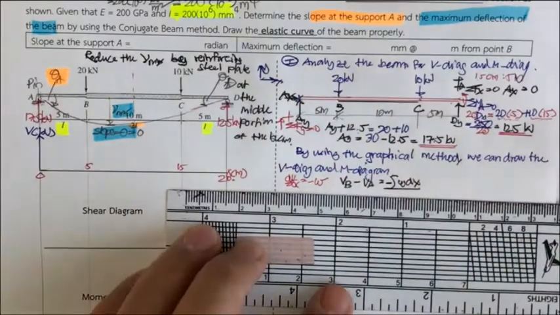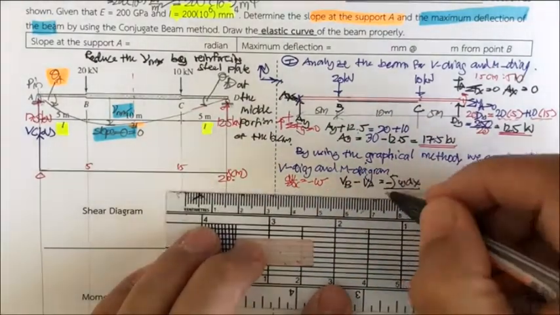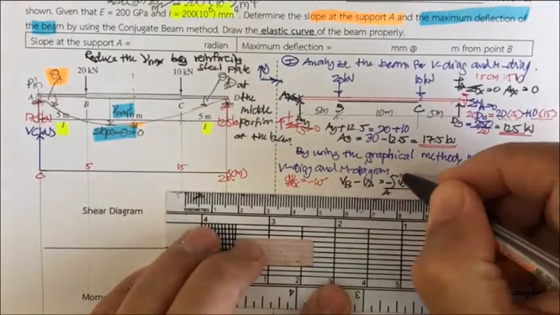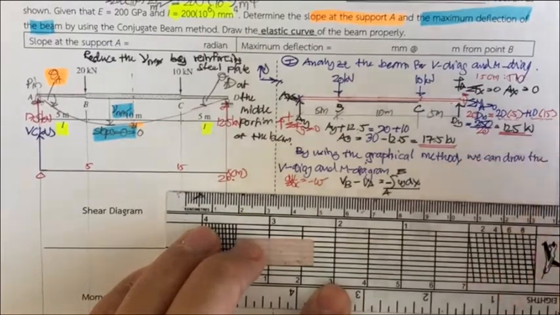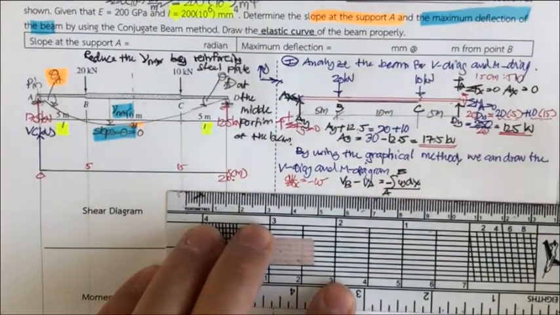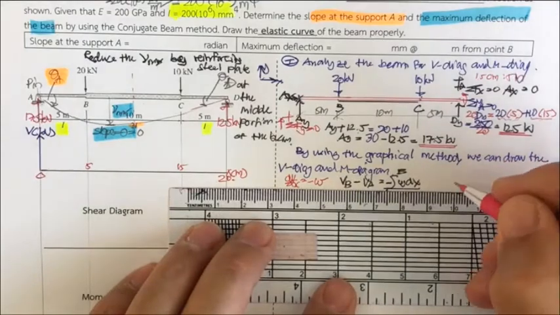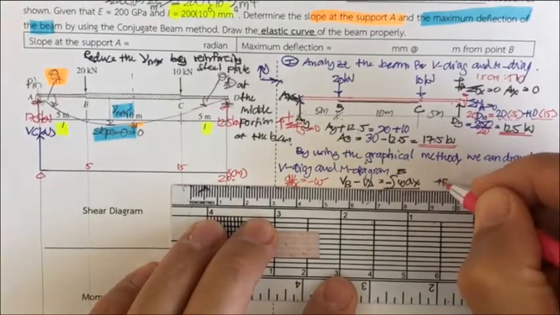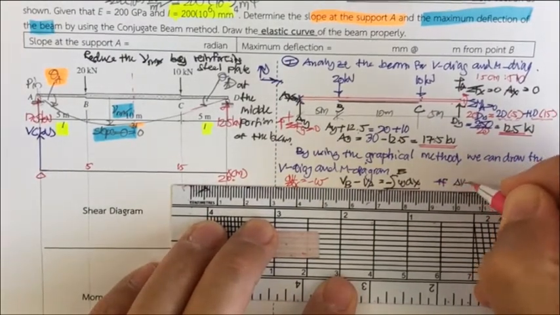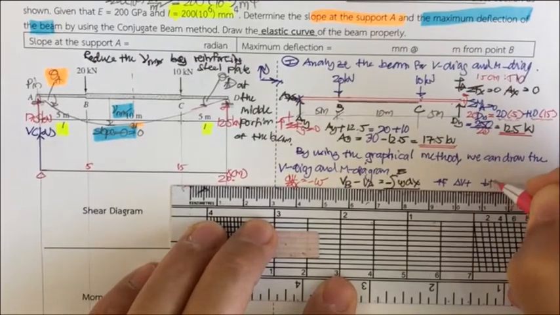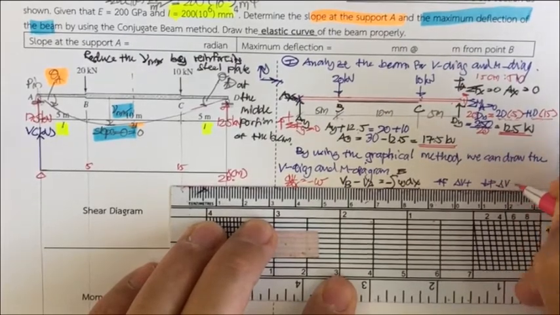This is the area of the w between A and B. And the last one: if we have upward force, delta V is plus. If you have downward force, delta V is minus.